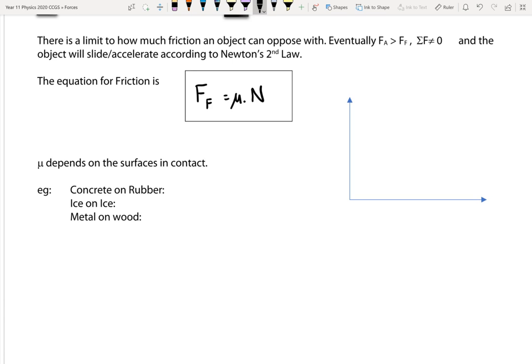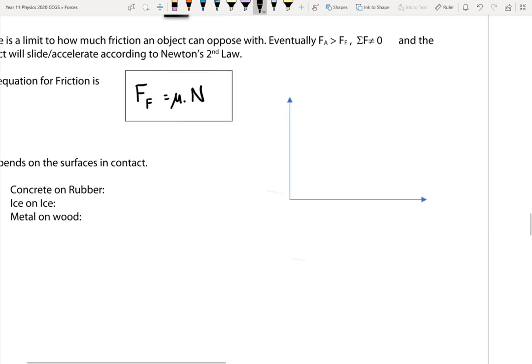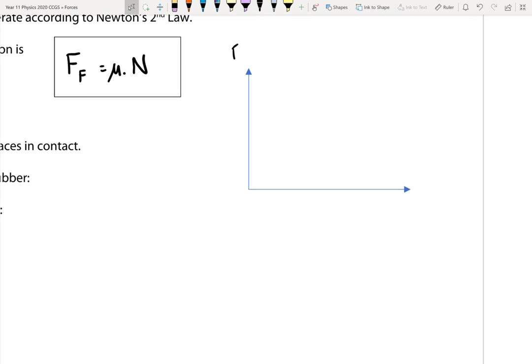It'll slide more readily. Now, one other way to draw this is here is my friction force as a function of my applied force. Now, for a certain point, it's 1-to-1. It's directly proportional. So, for example, I apply 1 Newton and friction goes, yep, I can resist that.